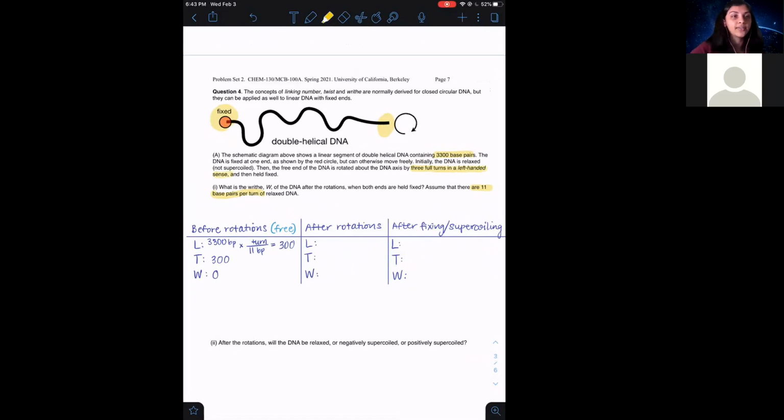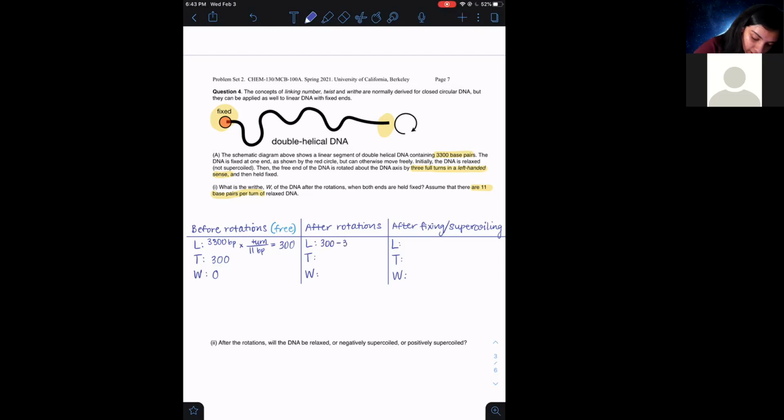Next, we're given that the DNA is rotated by 3 full turns in a left-handed sense. When we're considering left-handed and right-handed turns, we can think of it as introducing more or fewer turns in the DNA. Since the formed DNA is right-handed, if we introduce left-handed turns into it, this would decrease the number of turns in DNA. So this is going to decrease both the linking number and twist by 3.